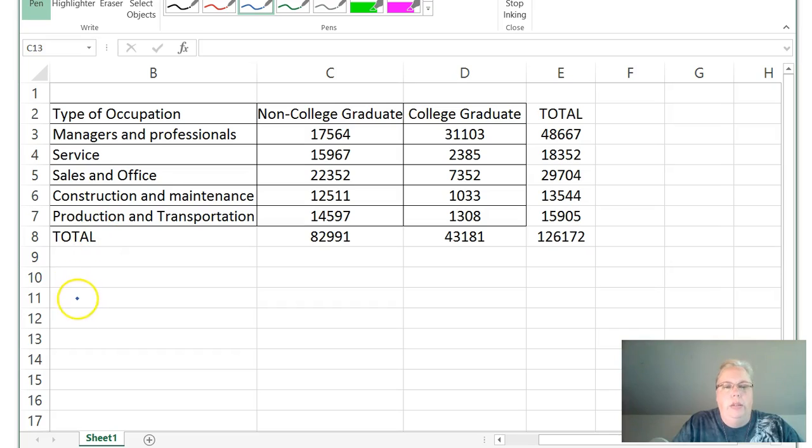Now we are asked to find the probability that a randomly selected worker is in fact a college graduate. So we are looking for the probability of a college graduate.